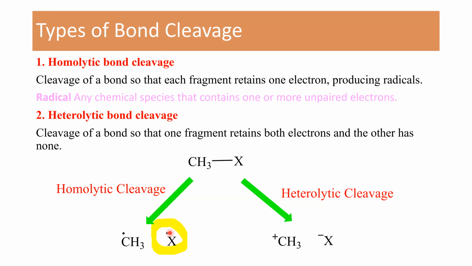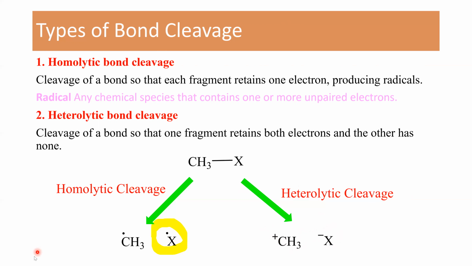X is in a radical form. Now in heterolytic cleavage, we get the ions. So this is the carbocation, and this is the X negative. One is the cation, and the other is the anion, which is negatively charged and in excess of electrons.